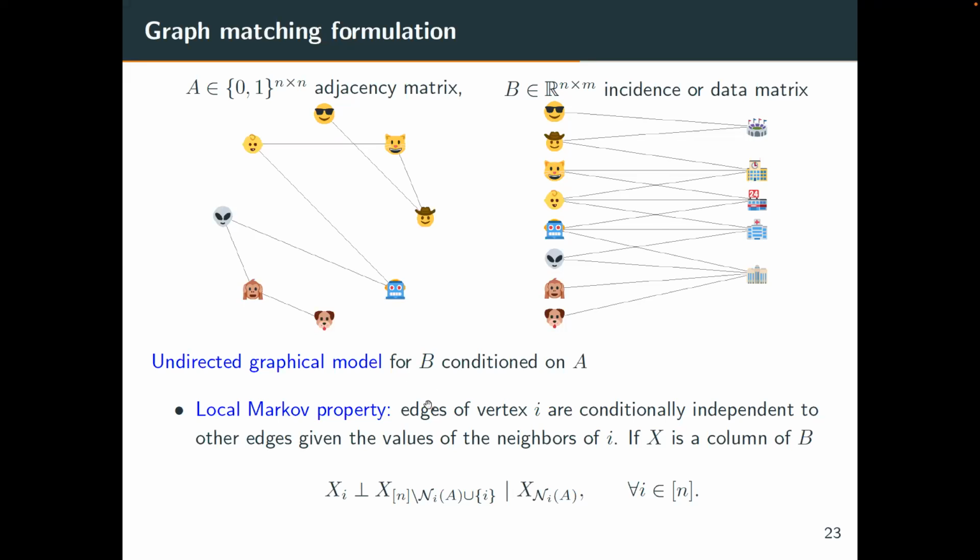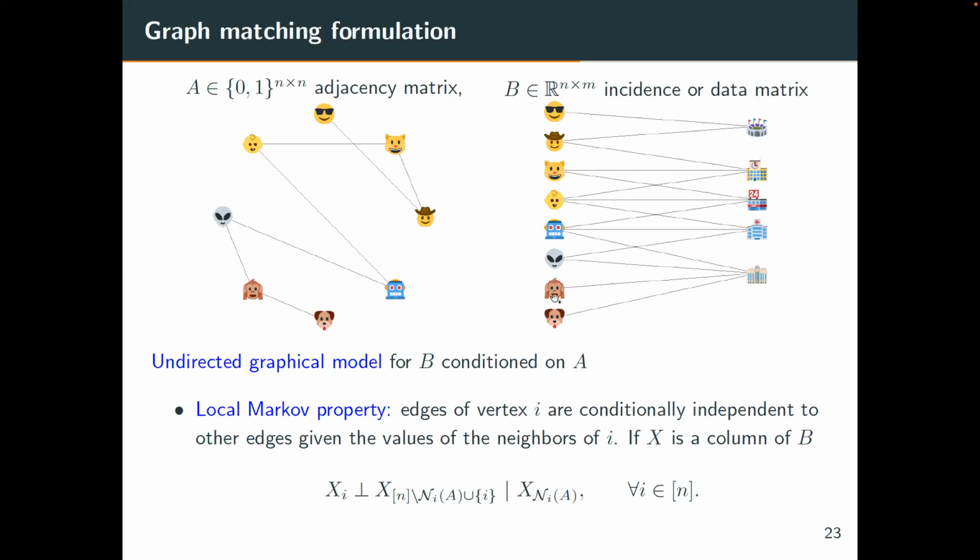So basically, we can enforce the local Markov property in the sense that if we know the information of this network, the dependencies on the edges here are only going to be affected by who is friend of who in the network here, right? So say, for example, this dog and the monkey are friends.